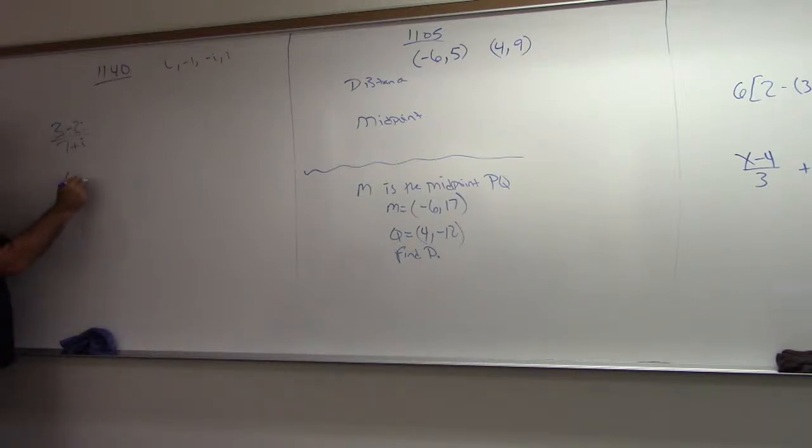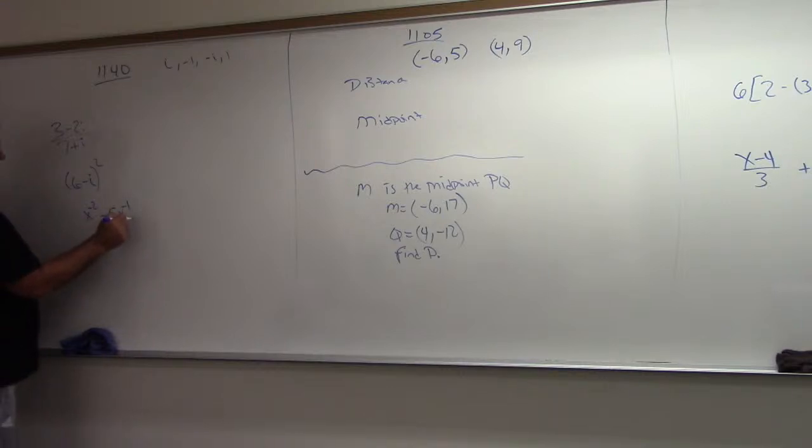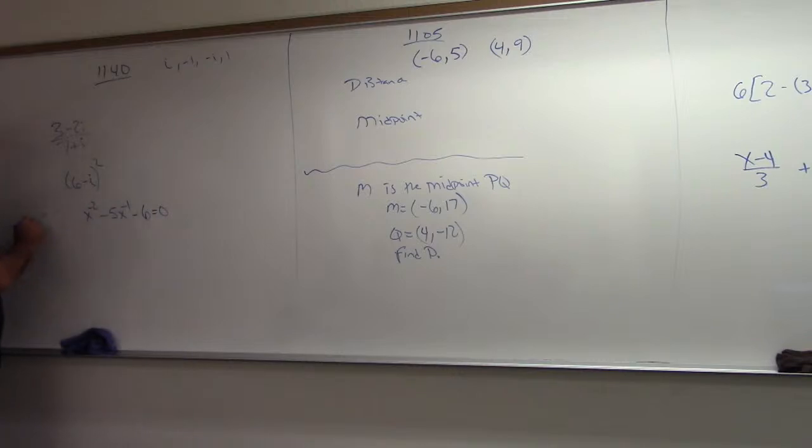Let's go 6 minus i squared. Then let's go. Let's solve that.